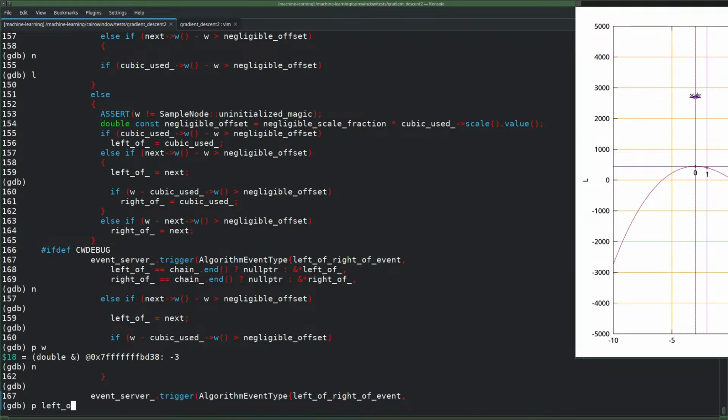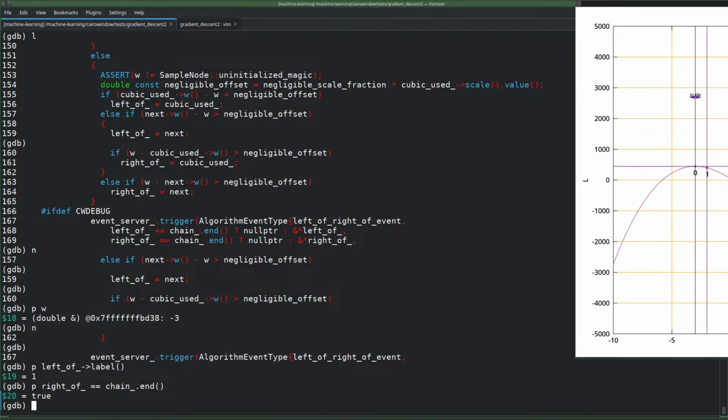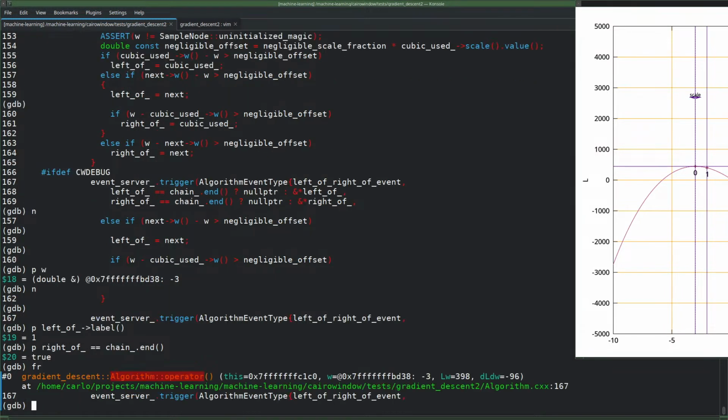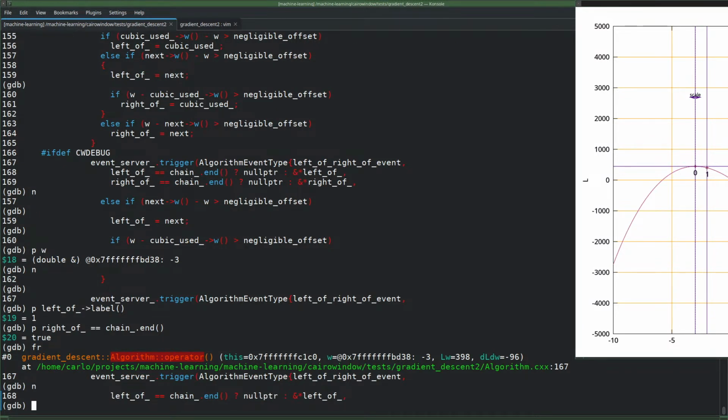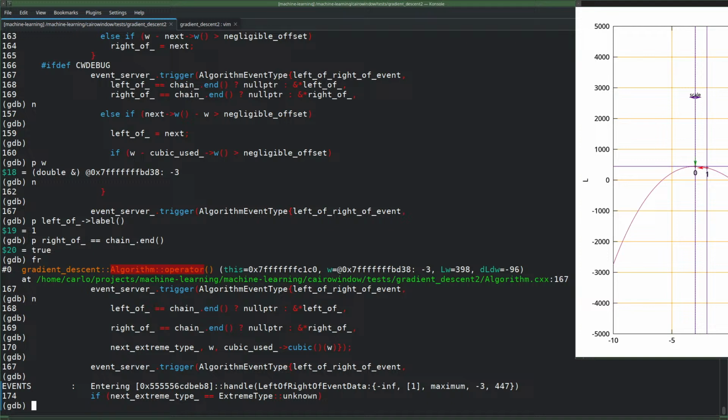So left of is 1 and right of is chain end. And that's drawn in.